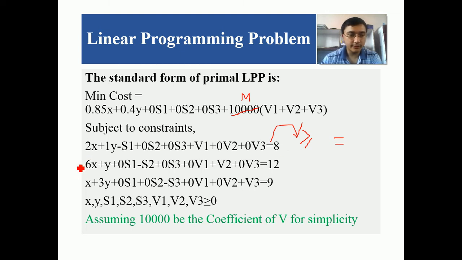Similarly, for the second and third constraints, that is minus s2 plus v2, minus s3 plus v3, and the sign has been changed to equal to, and x, y, s1, s2, s3, v1, v2, v3 are all greater or equal to 0.